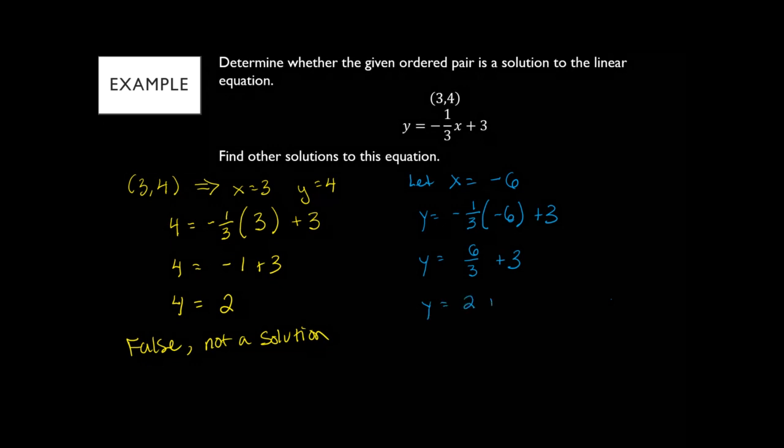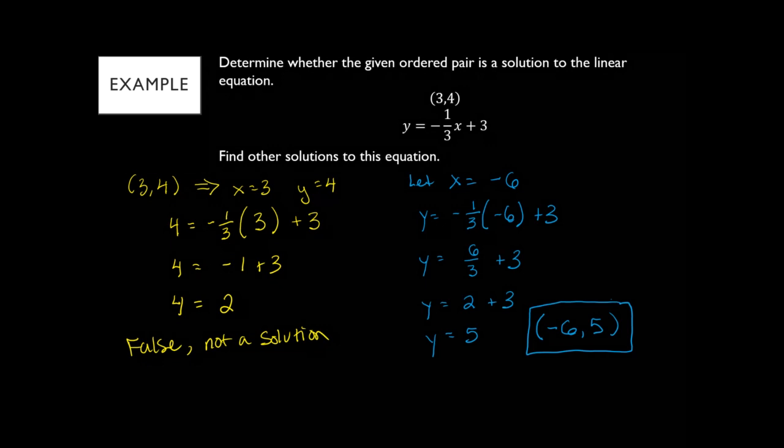So this is y equals 2 plus 3, which gives us y equals 5. So we have found a solution: when x is negative 6, our y is 5. And so that is a solution for this equation. (3, 4) was not a solution, but (negative 6, 5) is.